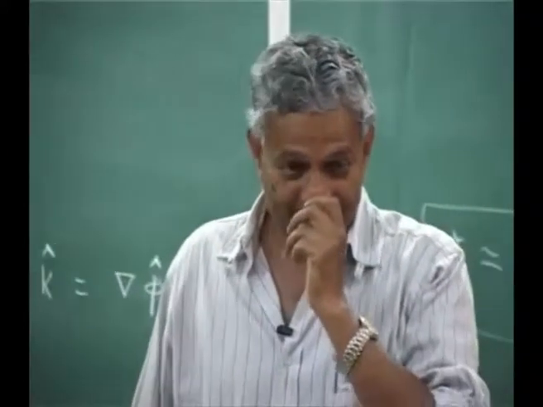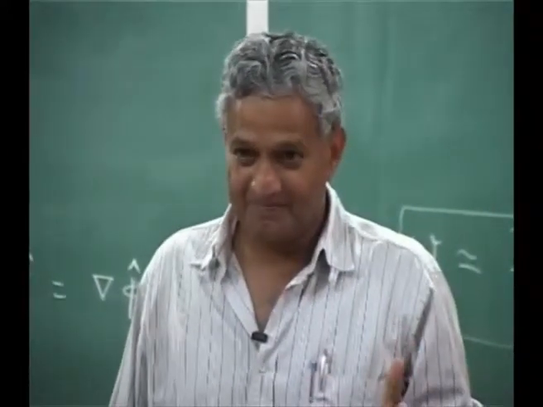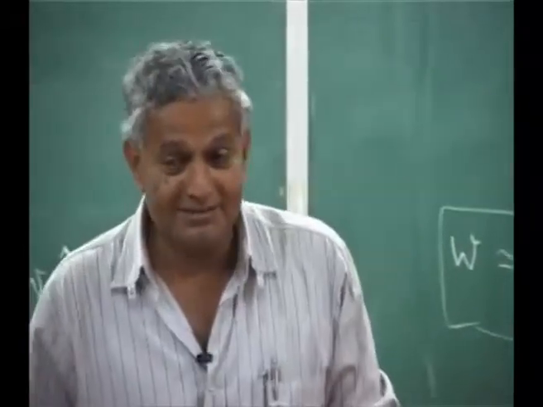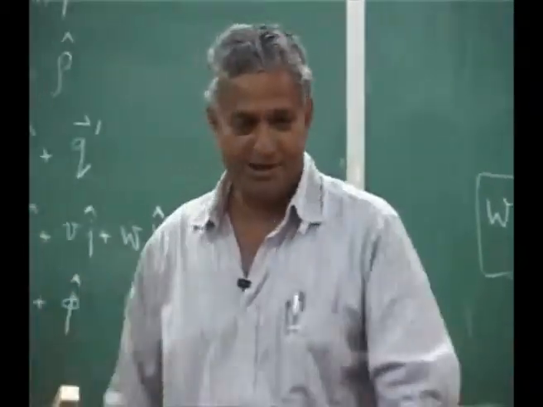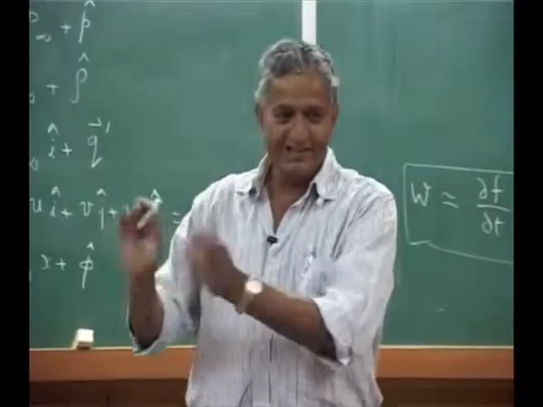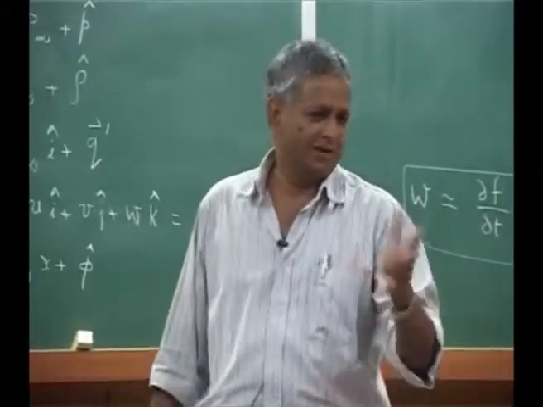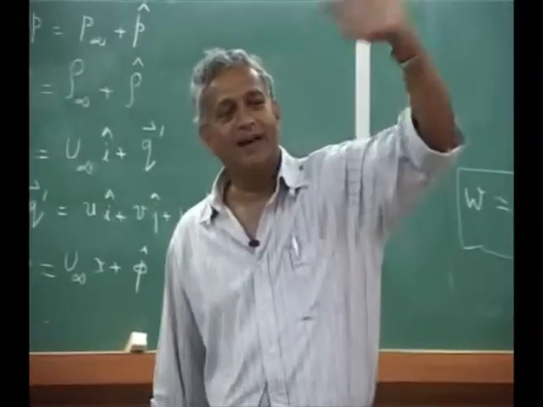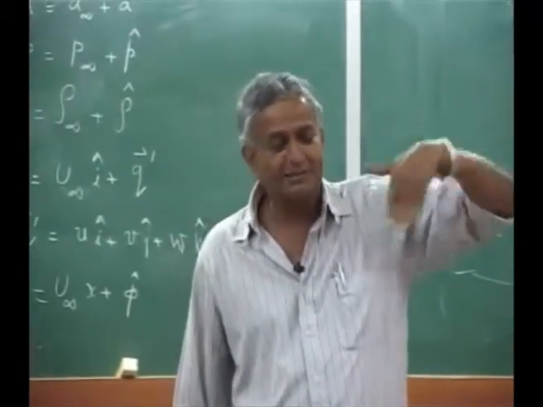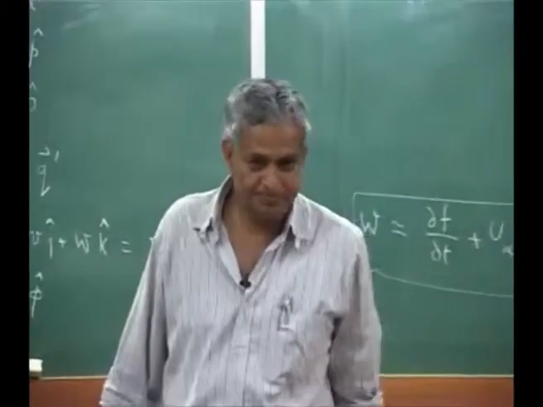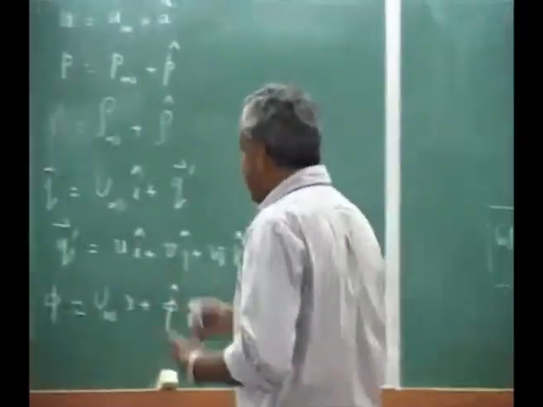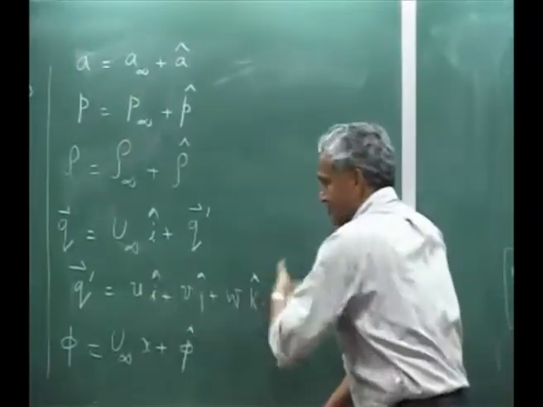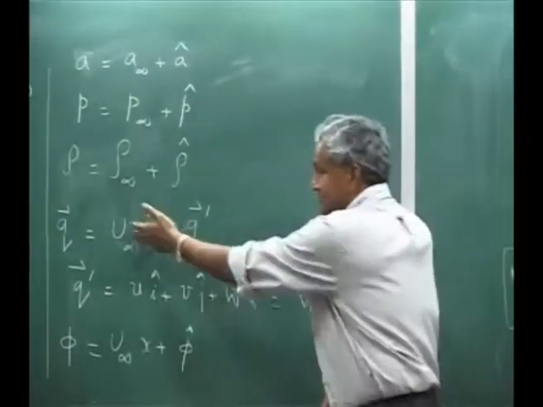Please understand, this is an assumption, because I say that the disturbance to the flow is created by the presence of the aerofoil. Near the aerofoil, the disturbances are small. Therefore, I say that far away from that, the disturbances will be still smaller. Therefore, I am making all these assumptions that everywhere UVW is small in comparison with U infinity.